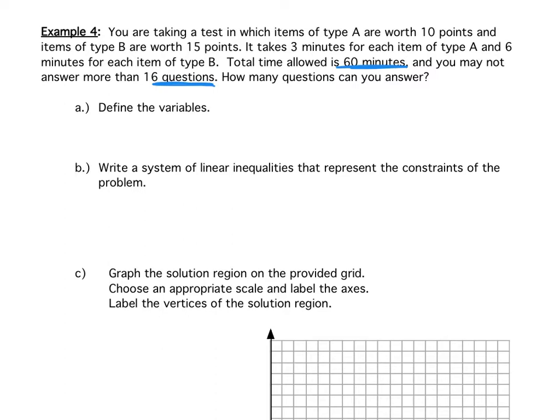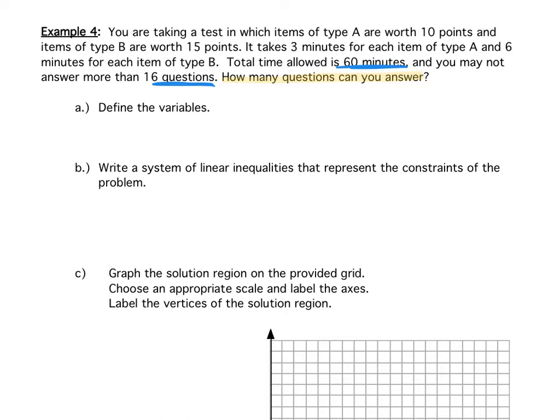So defining our variables. Like the word problems we did when we were practicing substitution and elimination, to define our variables, we need to look at the question that's being asked. And that'll give us a clue as to what our variables should be. So we are asked, how many questions can we answer?